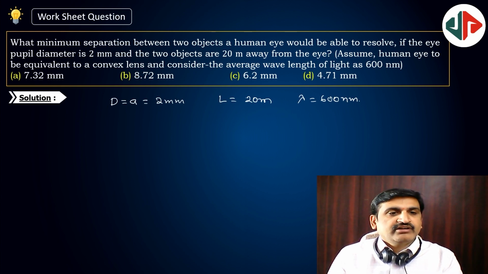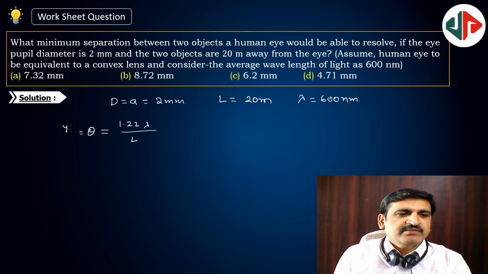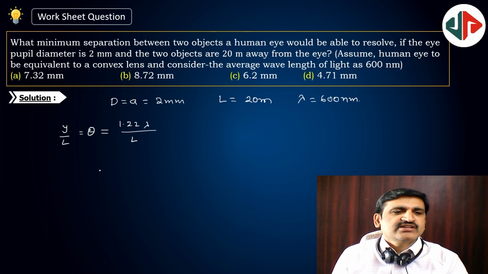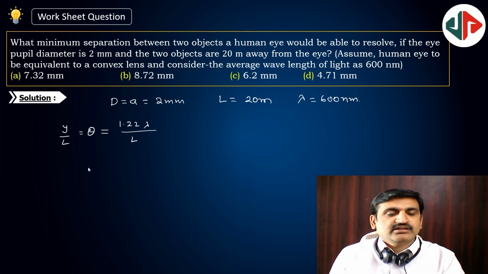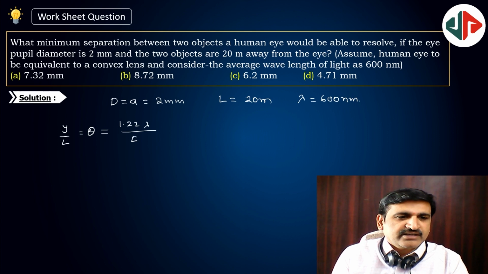We have the resolving limit theta greater than or equal to 1.22 lambda by d. Theta is nothing but y by L. This is the diameter or aperture.